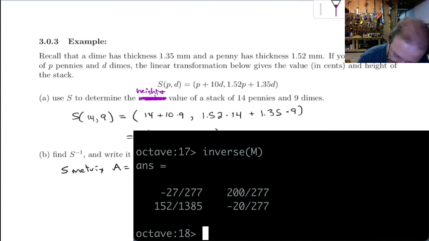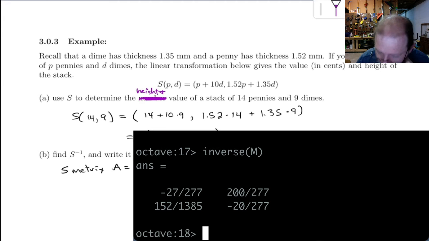It's not surprising that we've got an ugly denominator there. I guess there's not really a good way. Well, I could factor out the 1385, but I'm just going to write it like this.